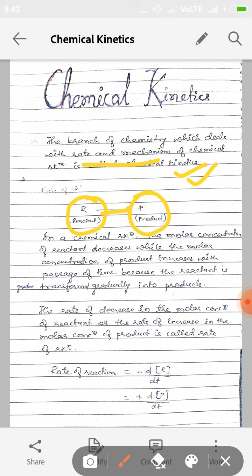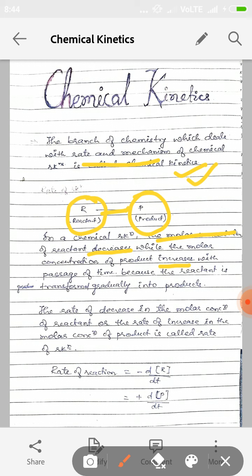In a chemical reaction, the molar concentration of reactant decreases while the molar concentration of product increases with the passage of time, because the reactant is transformed gradually into product.